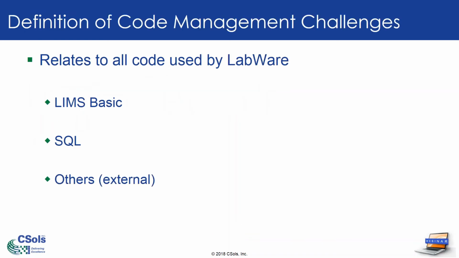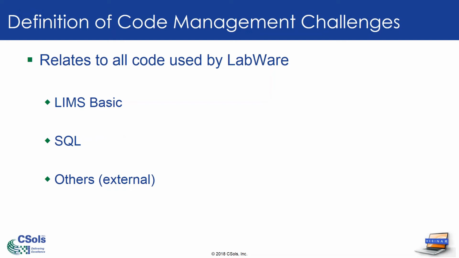So let's jump in and define what we mean by code when we're talking about LabWare specific code management. And really, it's kind of general what we're talking about here. It's really all the code that relates to your use in your LabWare system, either directly in the interface or anytime you're using the system.